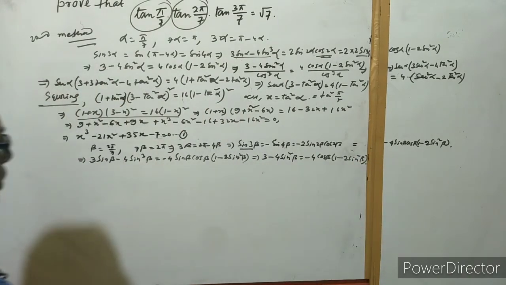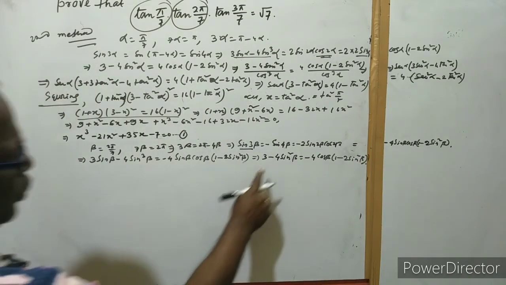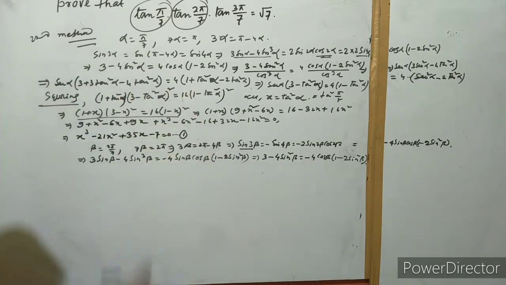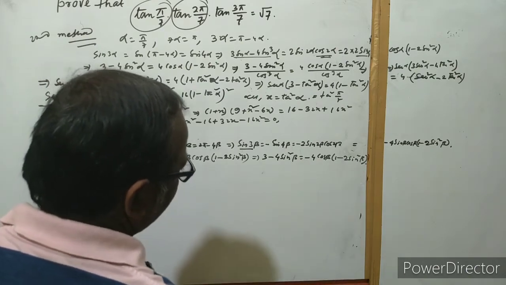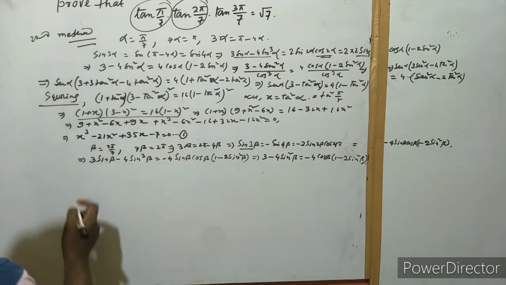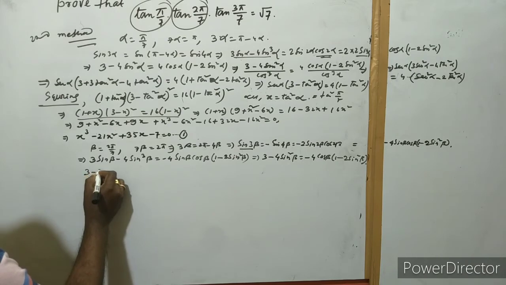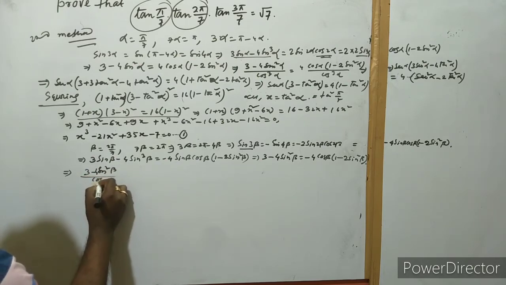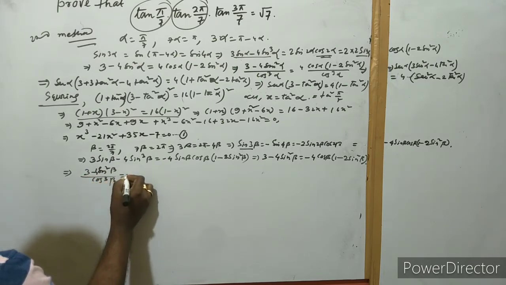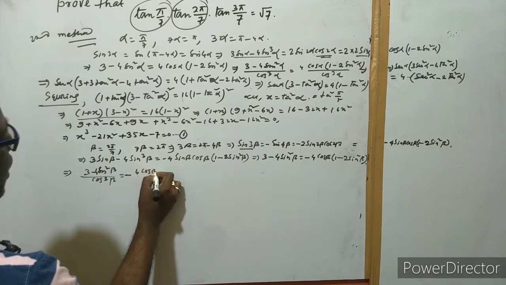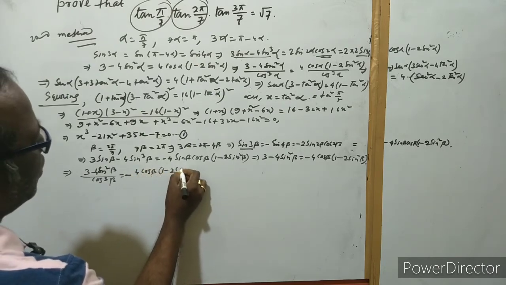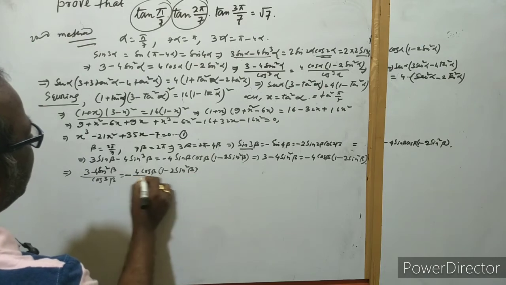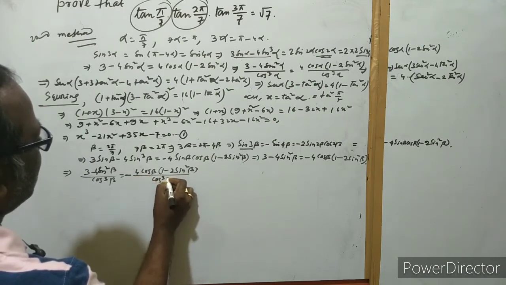Okay, and now dividing both sides by cos cube beta. So this implies that (3 minus 4 sine square beta) by cos cube beta is equal to minus 4 cos beta into (1 minus 2 sine square beta) divided by cos cube beta.